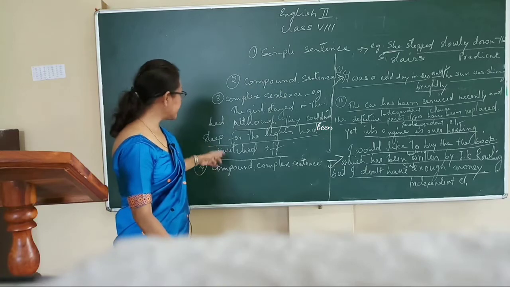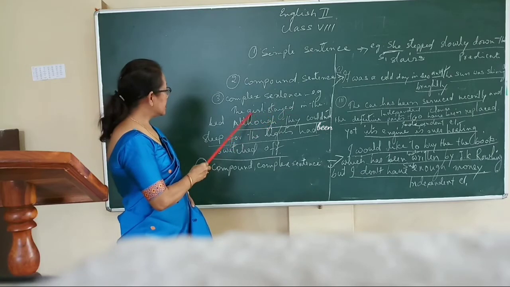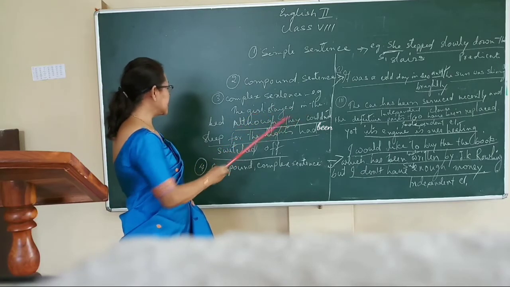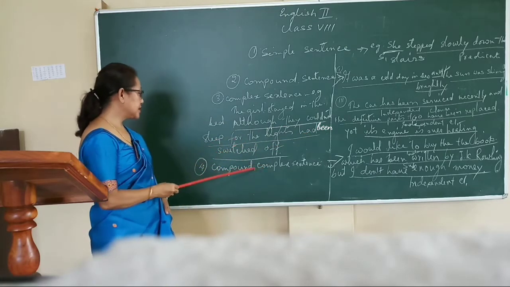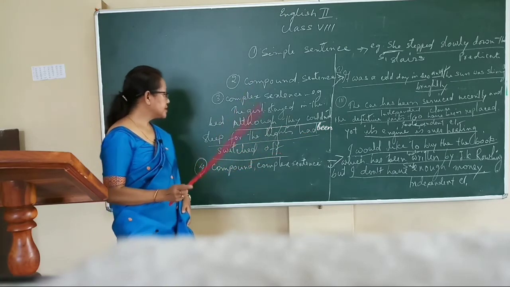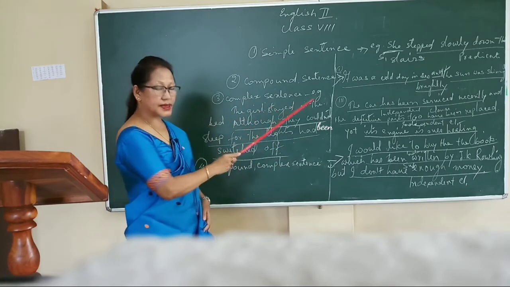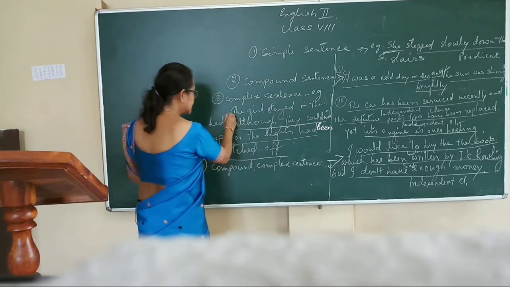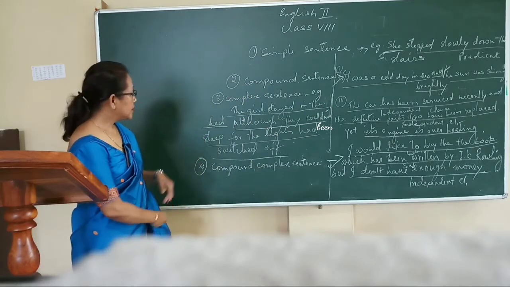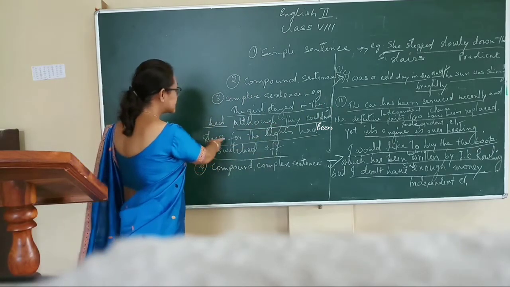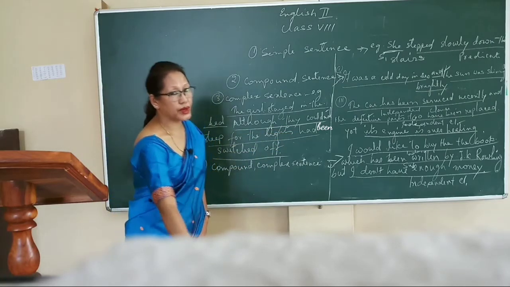Okay. Let us take an example. The girl stayed in the bed although she could not sleep for the light had been switched off. Here you see, the girl stayed in the bed is an independent clause, main clause. Although she could not sleep for the light had been switched off, this is a subordinate clause.